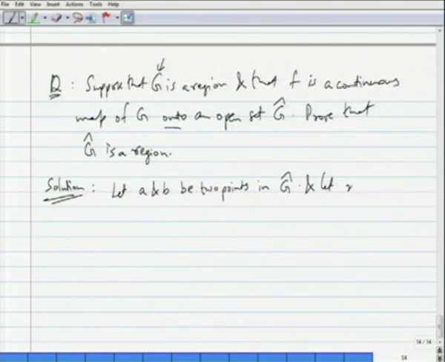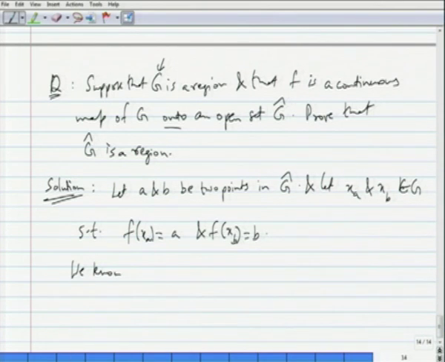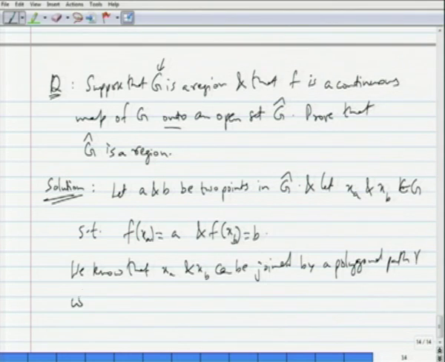So, let A and B be 2 points in G hat, and let x A and x B belong to G such that f of x A is equal to A and f of x B is equal to B. There can be many choices, you choose one x A and x B. And we know that x A and x B can be joined by a polygonal path gamma, which lies completely in G.